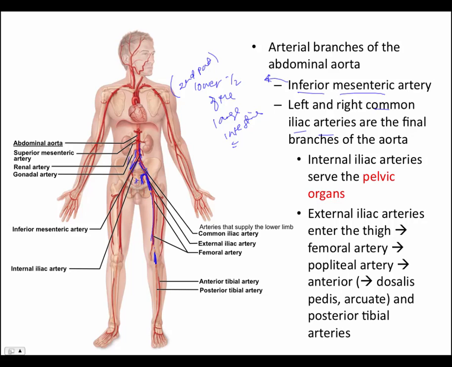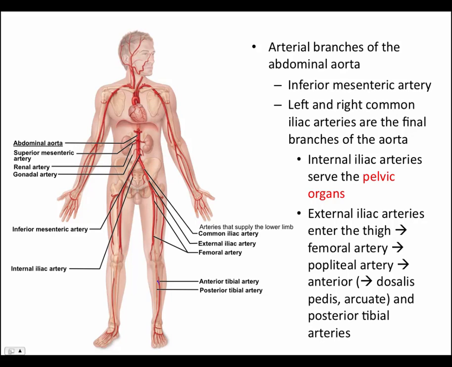And then from here, we're going to branch off into both the anterior tibial. Tibia is that big T-shaped bone. So anterior, and we have a posterior tibial artery. Now, only this anterior tibial artery is going to branch off. So let me just clear that really quick.